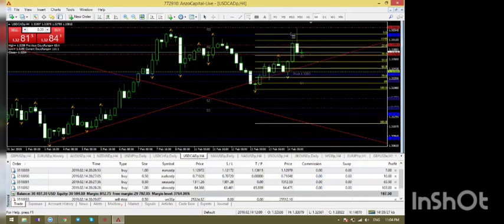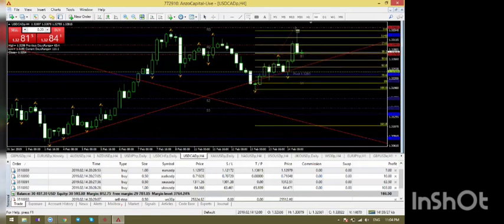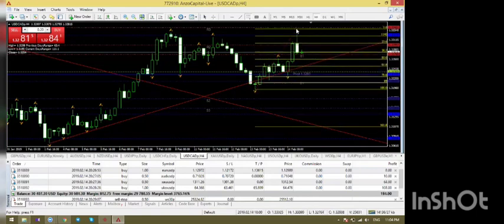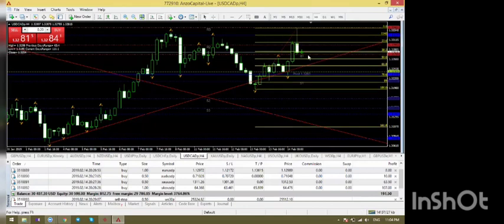You see, whenever you see a candlestick with a shadow, that means you can use Fibonacci. So okay, it has touched the 38 level, and there's a candle lower than that.